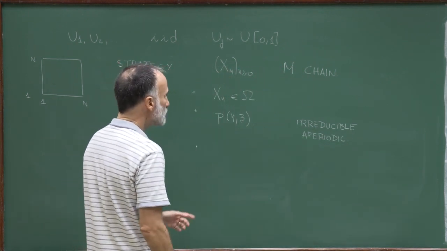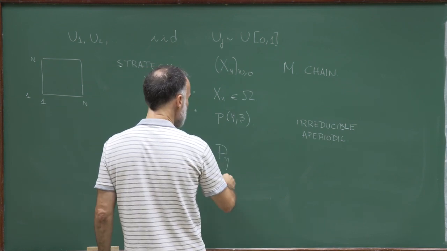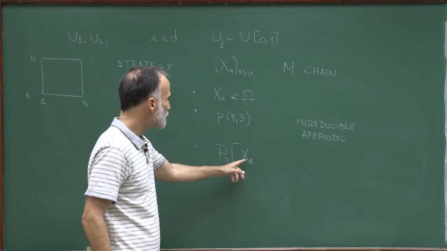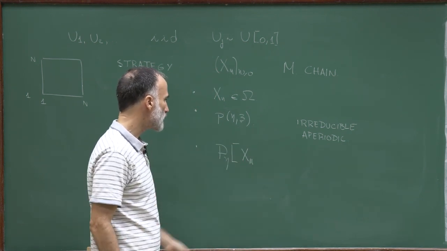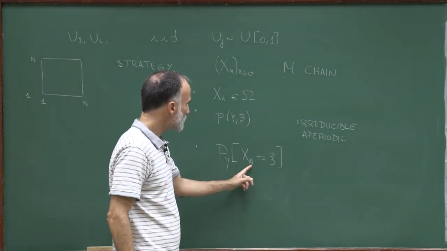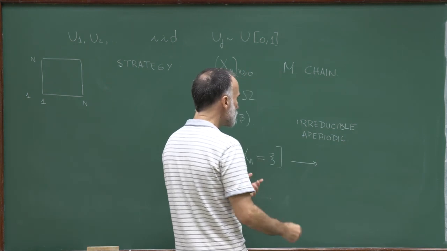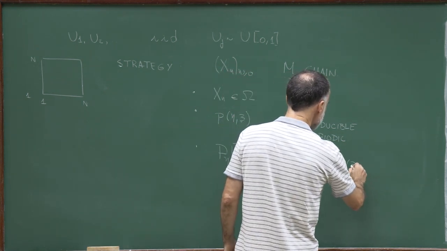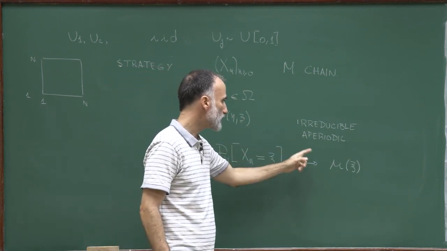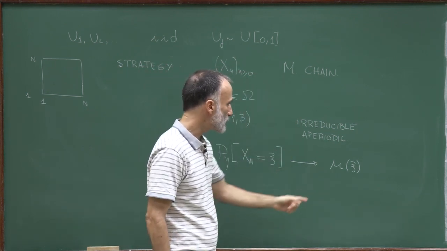Now, since it's irreducible and aperiodic, what I know is that if I start from any configuration eta, and I let this Markov chain evolve up to time n, where Xn represents the state of the Markov chain at time n, then the probability that the state at time n is equal to psi, as n converges to infinity, converges to the invariant measure of this Markov chain. Since this Markov chain is irreducible and aperiodic, and the state space is finite, there exists a unique stationary state. Let me represent it by mu.